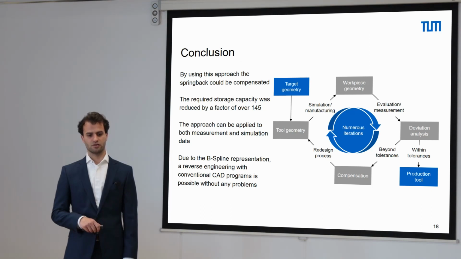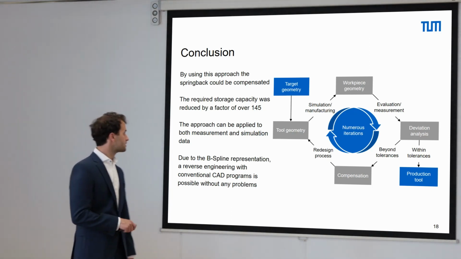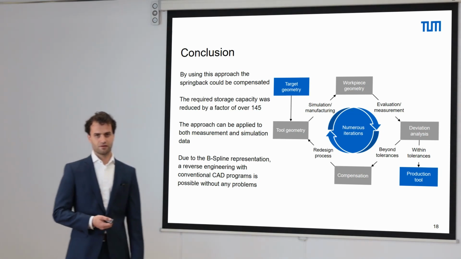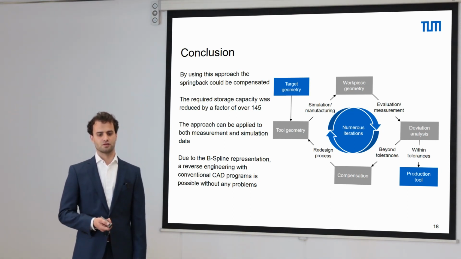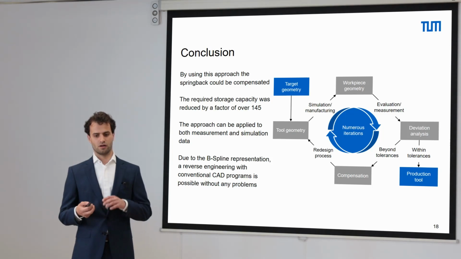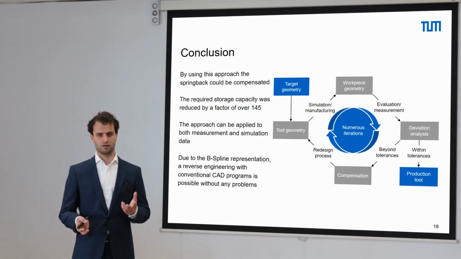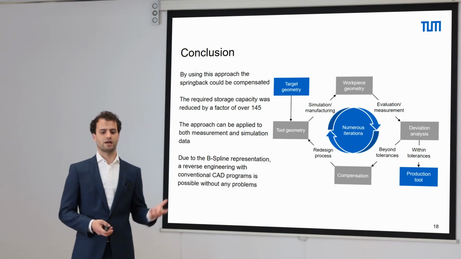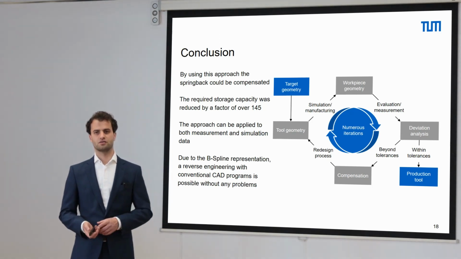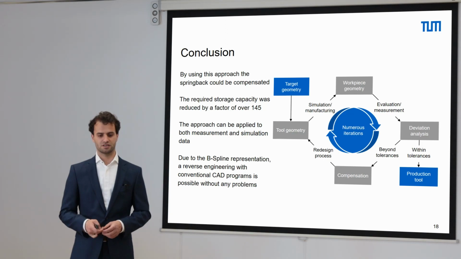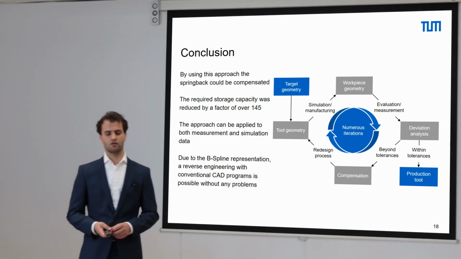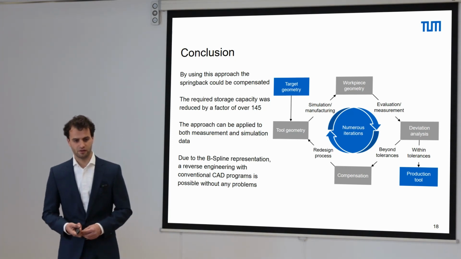So let's come to our conclusion. With the control point compensation method, we were able to compensate our geometry, and the required memory compared to the AutoForm compensation method was reduced by a factor of over 145.